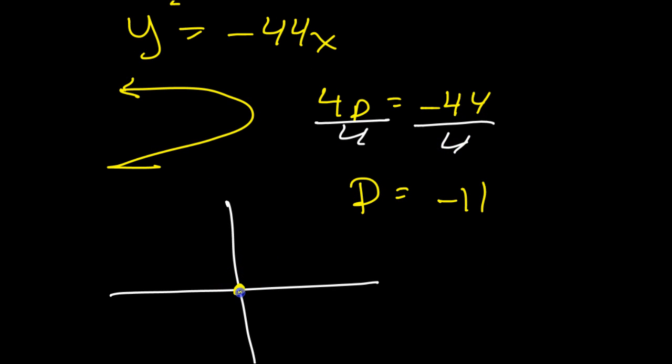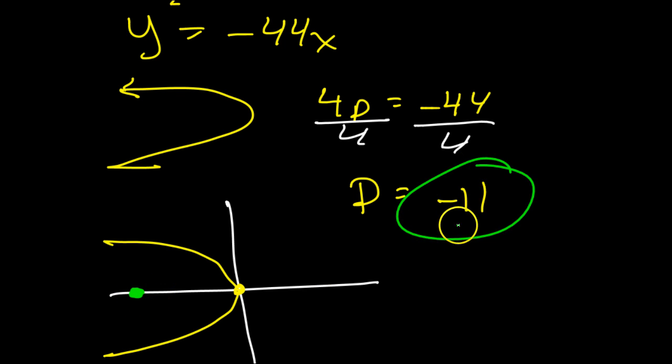So there's our vertex. We know it's facing to the left. We already talked about that. That means our focus will be over here somewhere inside the parabola. Because the p-value is negative 11, we know that this will be over here at negative 11, 0. So there's your focus.